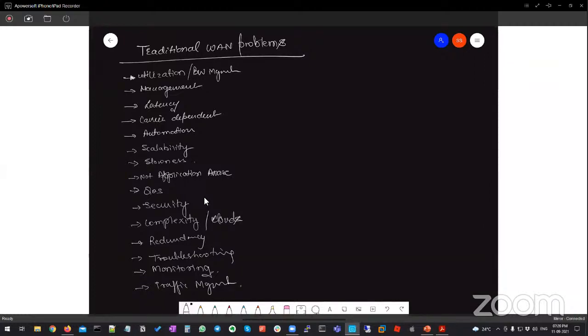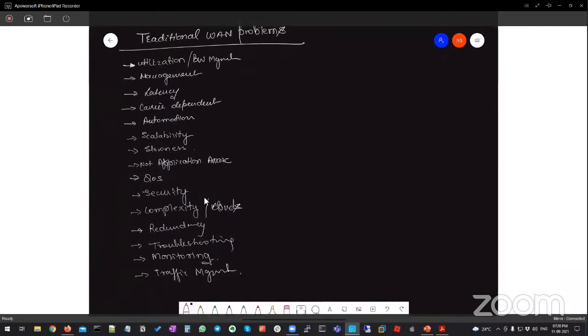And now if you talk about today's world, the world is changing, right? Even after this corona, it is rapidly changing. Nowadays your applications are going to the cloud, your traffic is going to the cloud, your branches are getting DIA, which is direct internet access. People want access at any time from anywhere. It is not a case where you need to go to the office and only then get access. So these are some of the types of WAN evolution, your SaaS service, your IaaS, infrastructure as a service, all these things are coming.